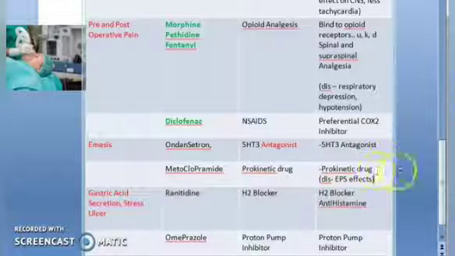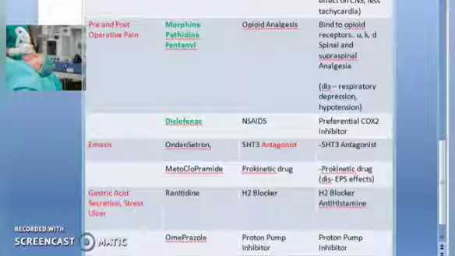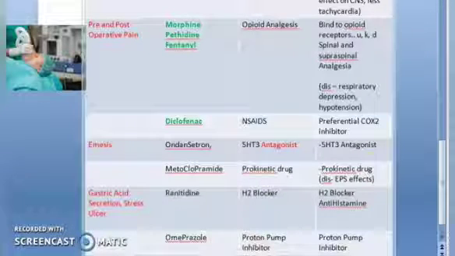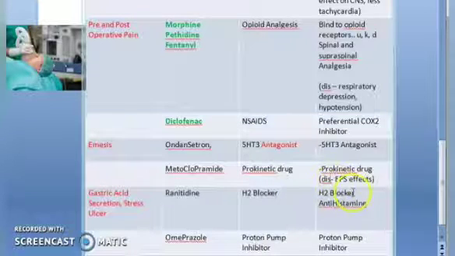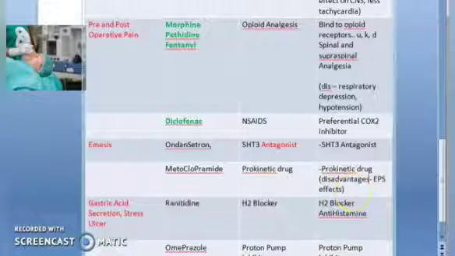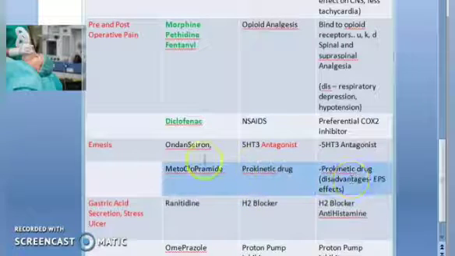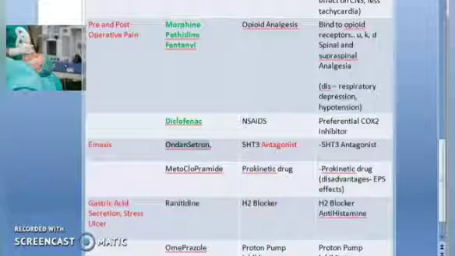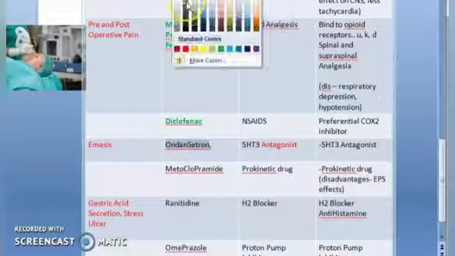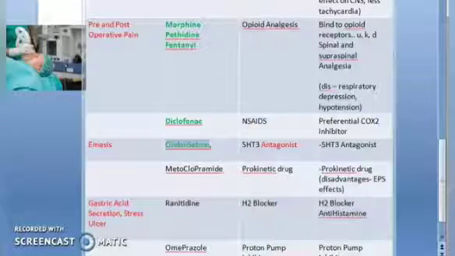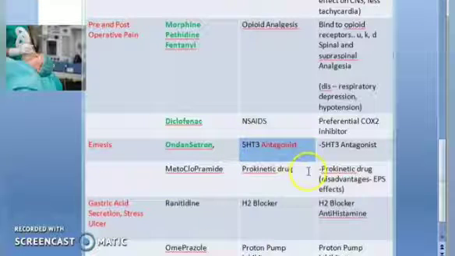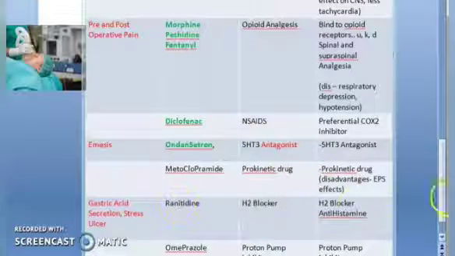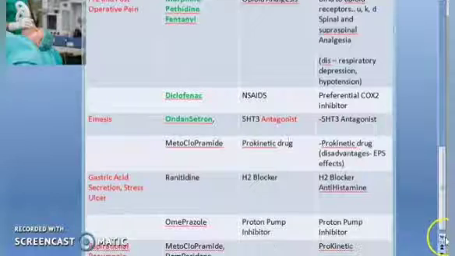You remember all of them? Dystonia, akathisia, Parkinsonism, right? You remember all these words? Dyskinesia, etc., right? So the disadvantages of metoclopramide are given here. So you will actually prefer ondansetron. Don't write wrong spelling. Ondansetron, okay.